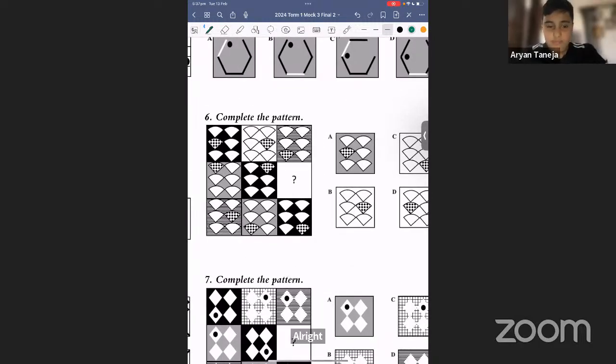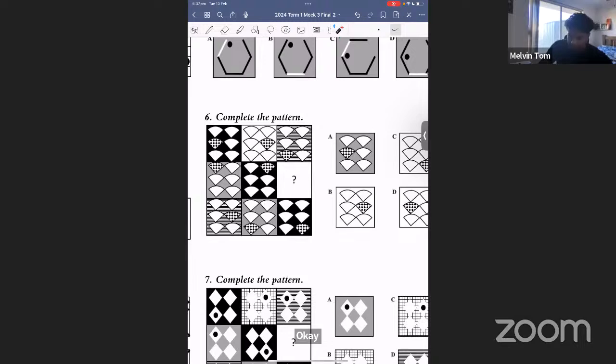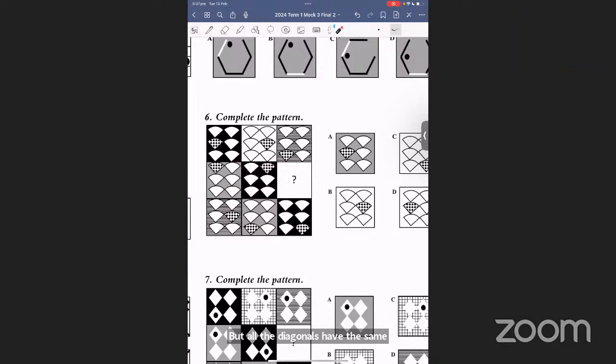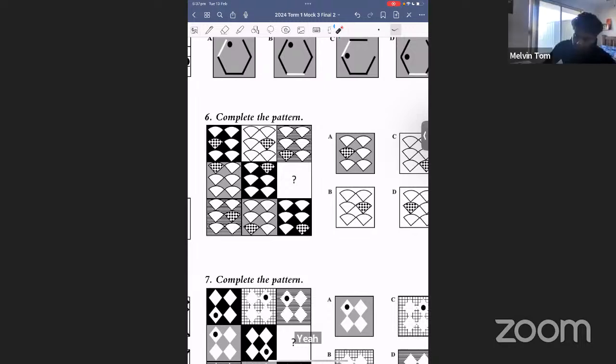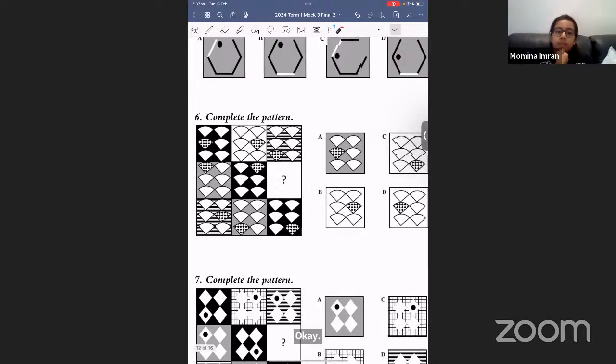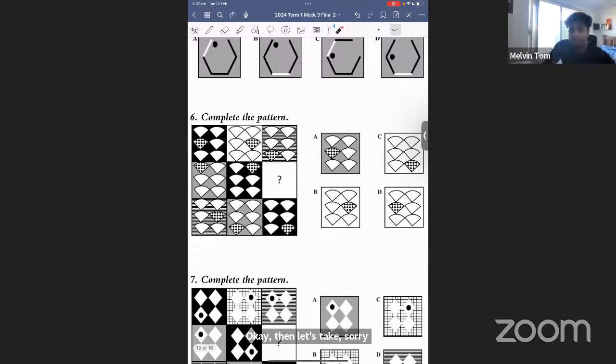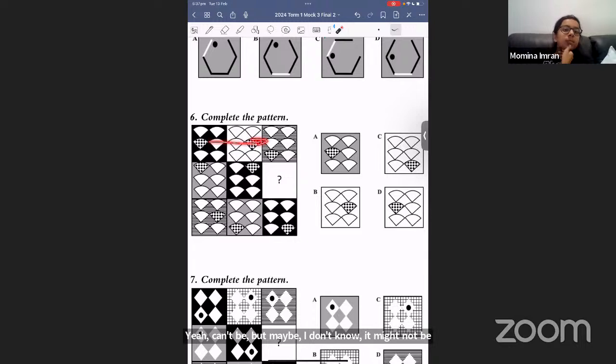So one thing I'm seeing, I'm not sure if this is a real pattern or not, but all the diagonals have the same color, correct? Yep. So it can't be A. It might not be an actual pattern, but let's find out. Then let's look across.